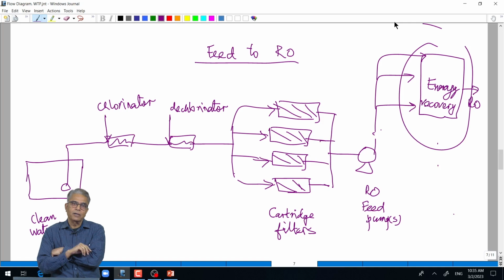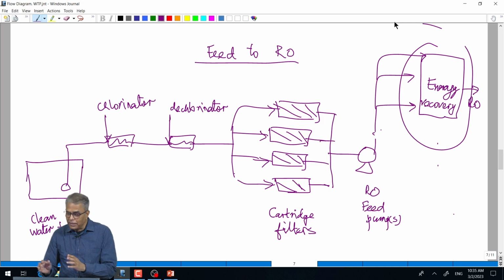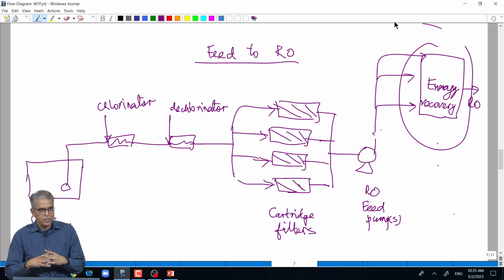Some clever guy thought, this is high pressure water, as if it is stored in a tank. If it is 65 bar, that means a 650 meter tank. I have stored that water, so I have got to do something to recover the power from there. Beautifully they devised a device which is compact.